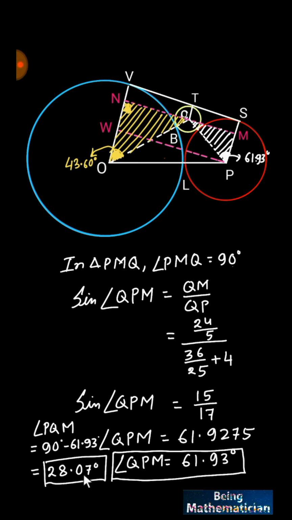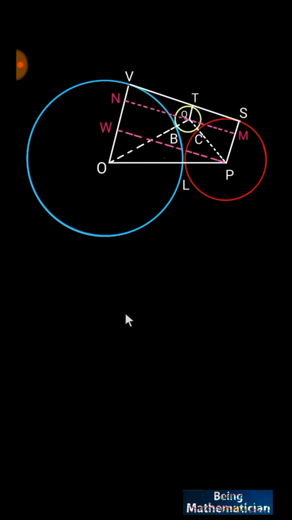Now we can calculate the angle TQP, which is the sum of these two angles, 90 degree plus angle 28.07, and finally we got 118.07 degree. Now let's find out our required white shaded region, means this.